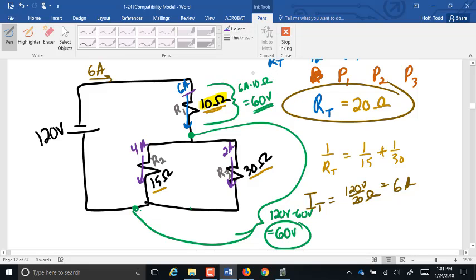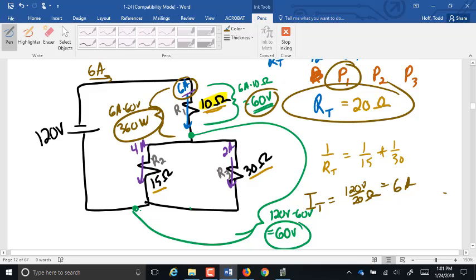So now, this power: 60 volts times 6 amps, 360 watts. That's R1, or P1. P2, the power dissipated here, is 4 amps times the 60 volts across those two, 240 watts.